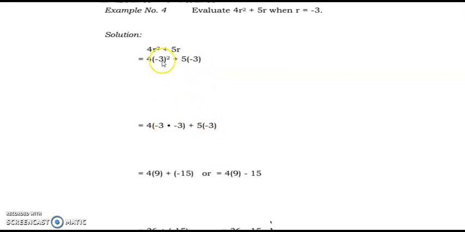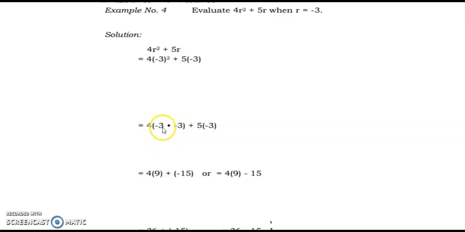Instead of writing -3 to the power of 2, we just write -3 times -3. They are just the same. We just copy 4 here. Then just recall the rules in multiplying integers: the product of two integers with the same sign is positive, while the product of two integers with different signs is negative.